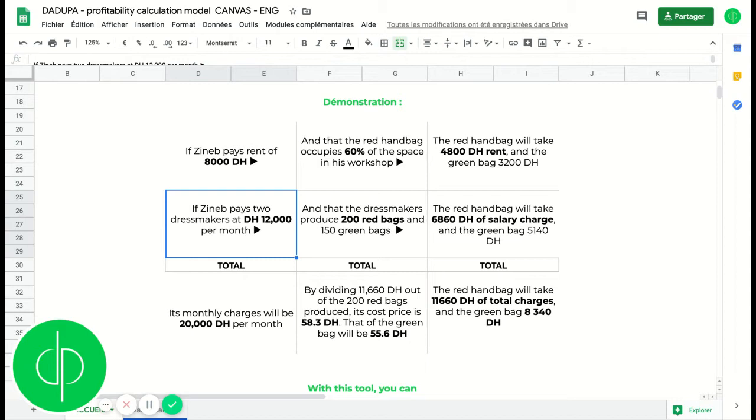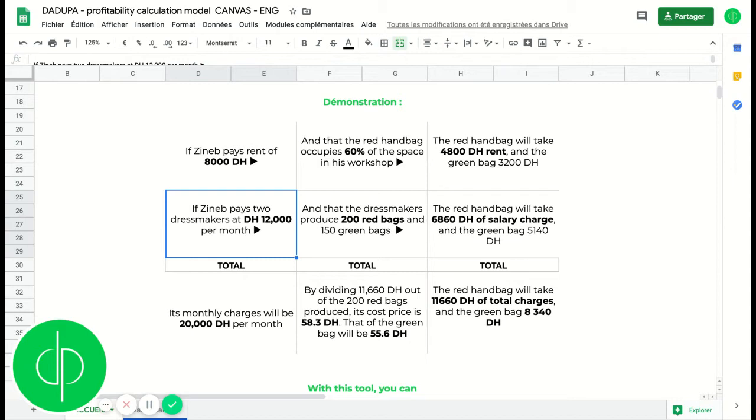You will do the same for the wage to the dressmakers. The dressmakers are taking 12,000 per month, so you will try to identify the value of the wage per product. Imagine that of the 350 bags produced, 200 are red bags and 150 are green bags.